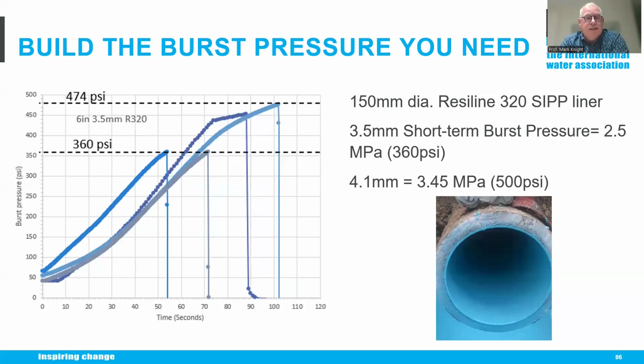We've done burst testing on the materials, so 360 psi to 474 for a 150 millimeter diameter pipe segment, 3.5 millimeters thick. So that's more or less suitable for most municipal applications in North America that are running at around 80 psi.